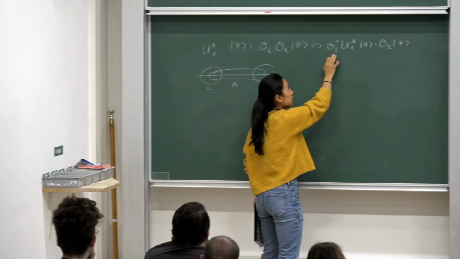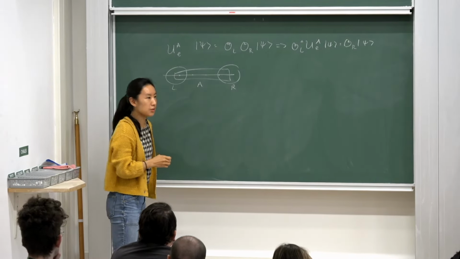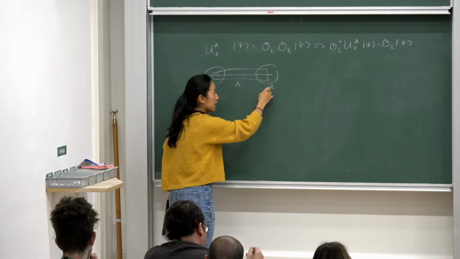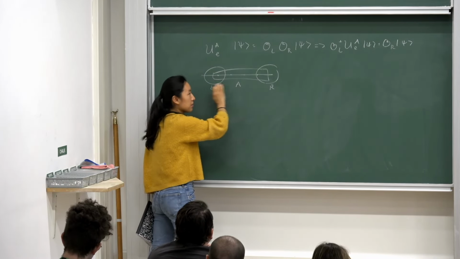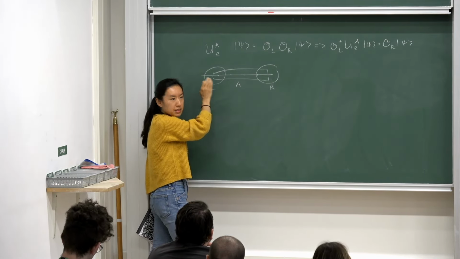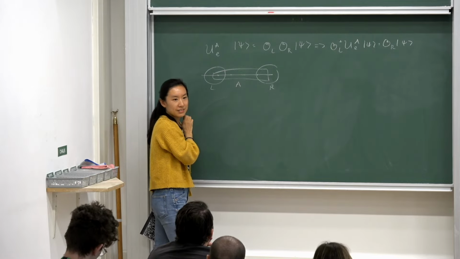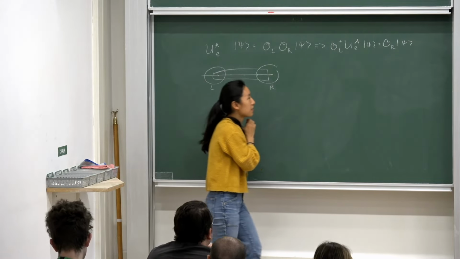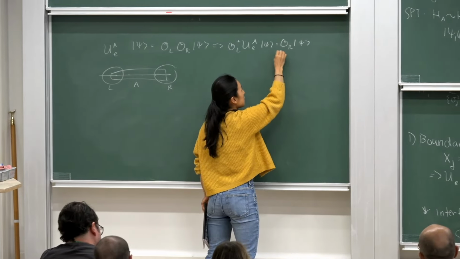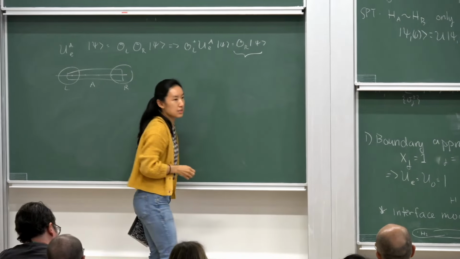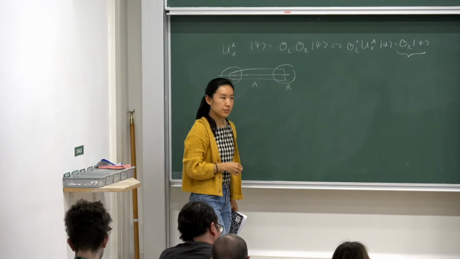And now I'm going to remove the excitation at the left endpoint. So I only have an excitation at the right endpoint. It looks like the ground state everywhere else, but there's a symmetry action on this side of the system because you've acted with U on the left side of the system. And so now you can see that this is a modification of the right endpoint.